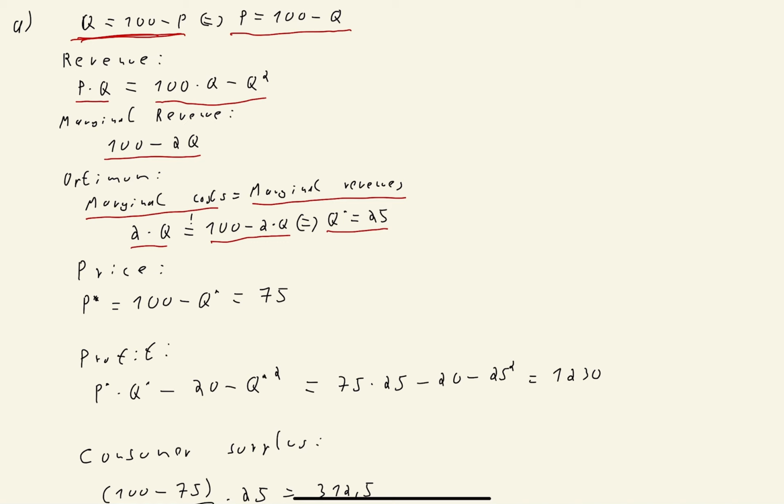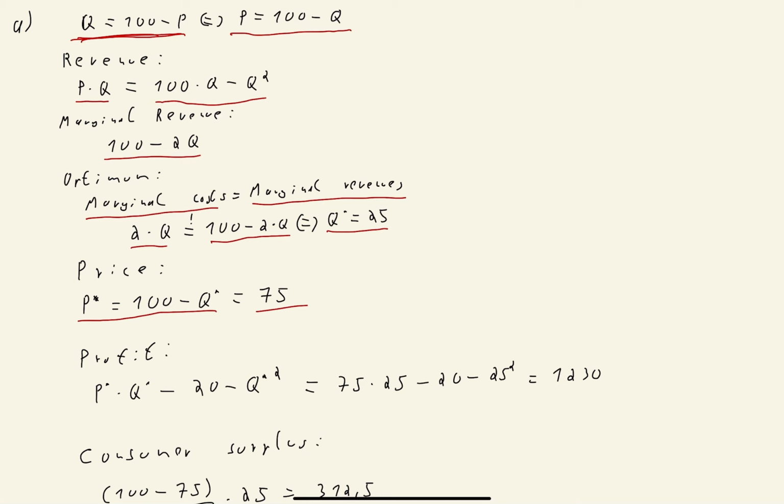Now, given this quantity, we can calculate the optimal price, which is simply given by plugging the optimal quantity into the inverse demand function, and what we then get is 75. So this is the profit maximizing price of the monopolist.